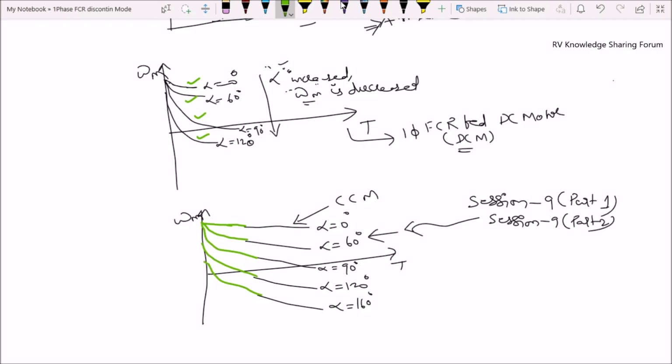Now if you observe, this is the boundary between continuous conduction mode and the discontinuous conduction mode. Here we have a condition such that critical speed.